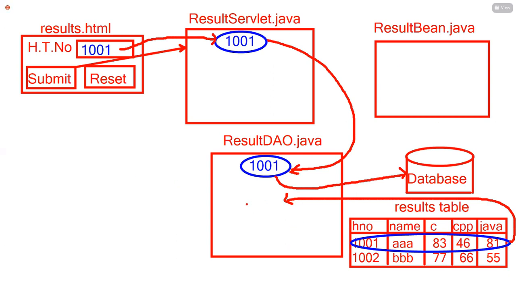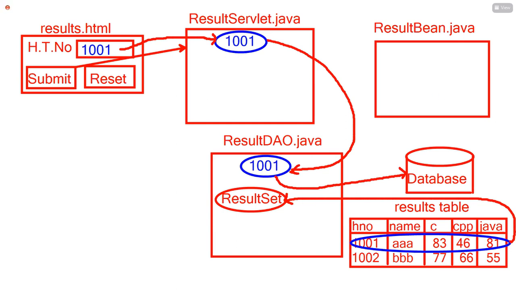Whatever we got as the result set, from the database you will get the result set, and this result set data I'll store in the ResultBean class.